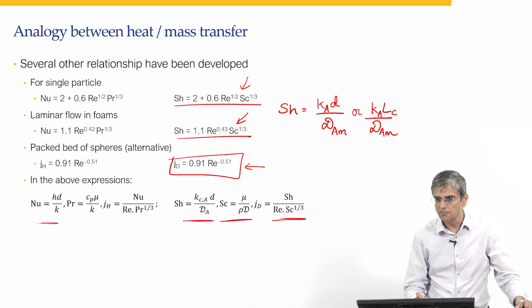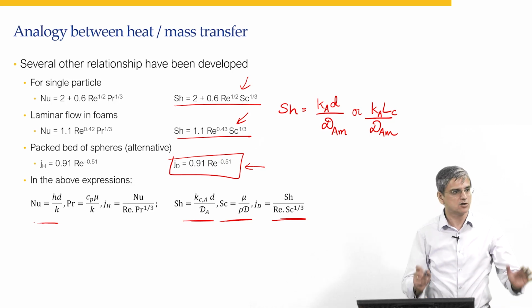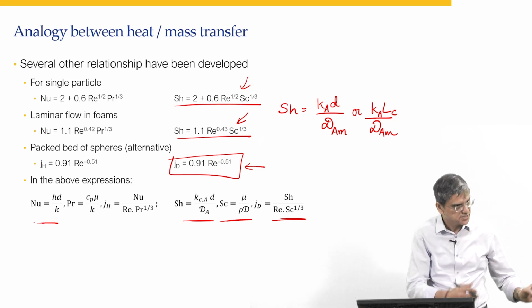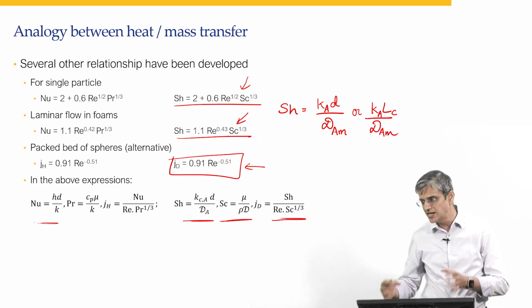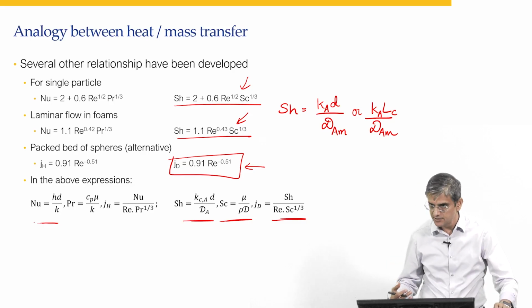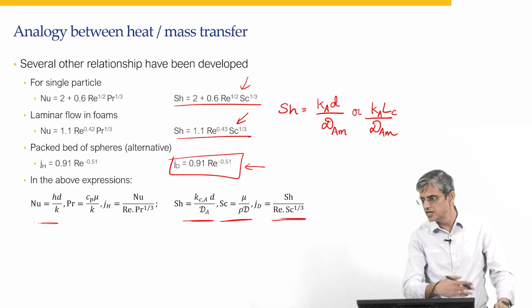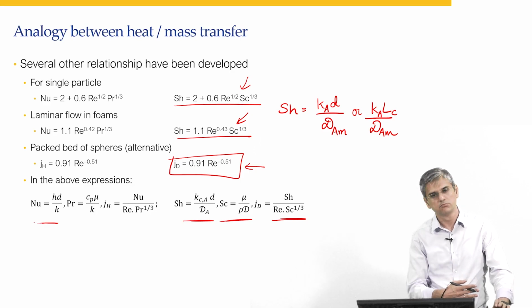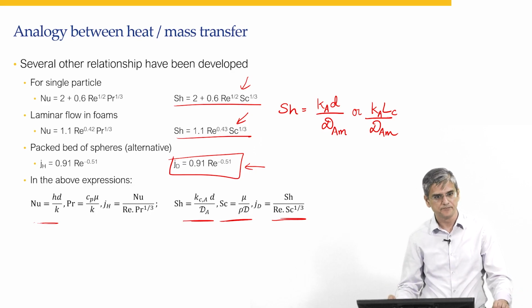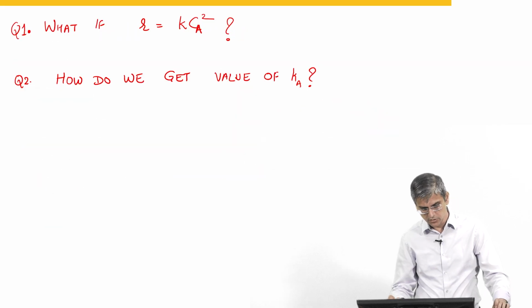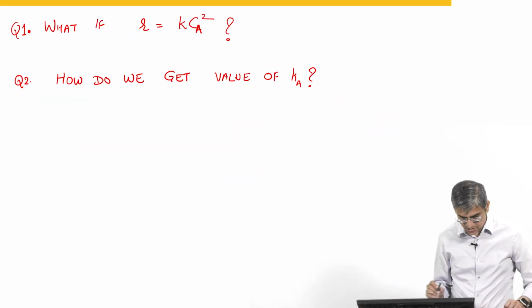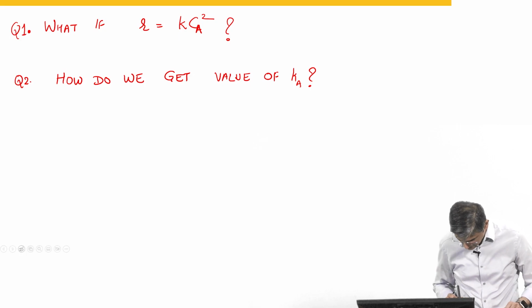It is primarily a matter of finding the right expression, substituting the values, getting your K, putting that K in the right expression, solving the problem. So, this is the other summary slide.